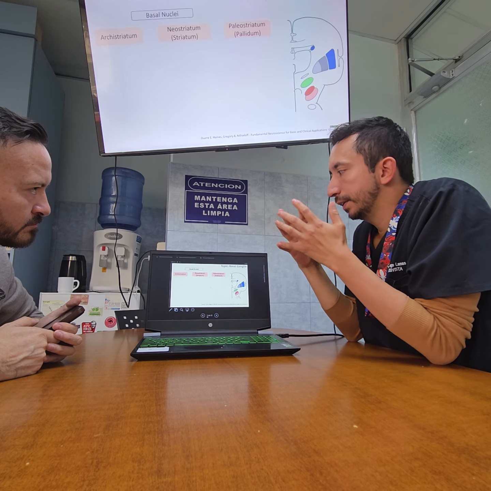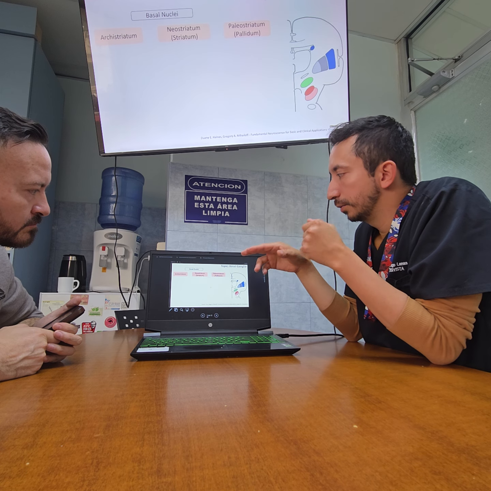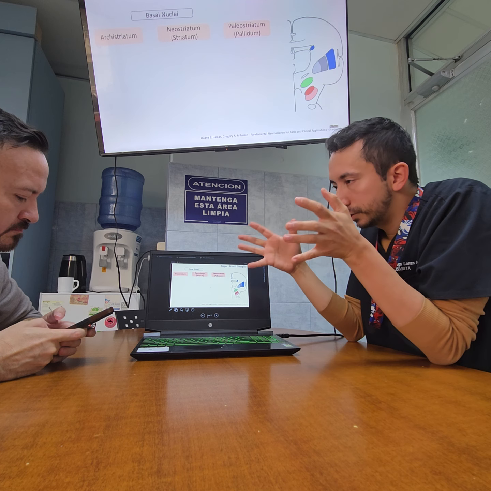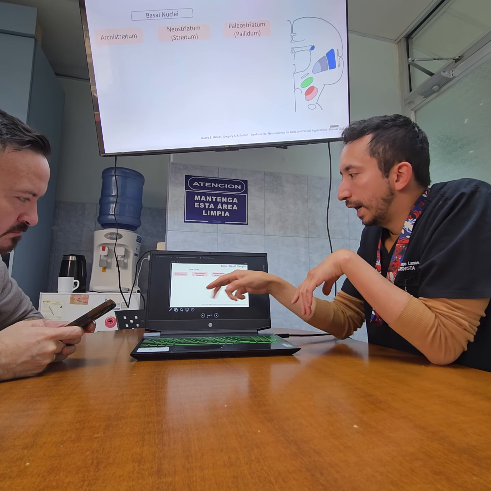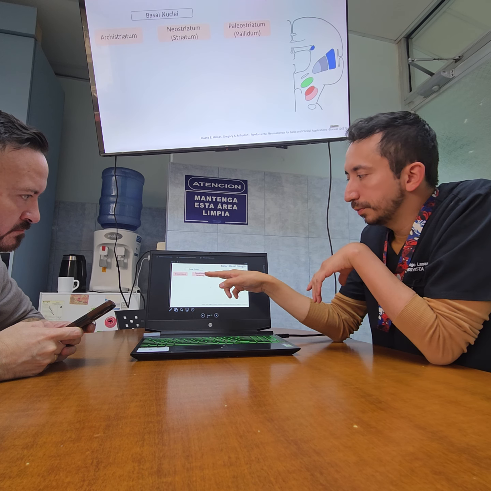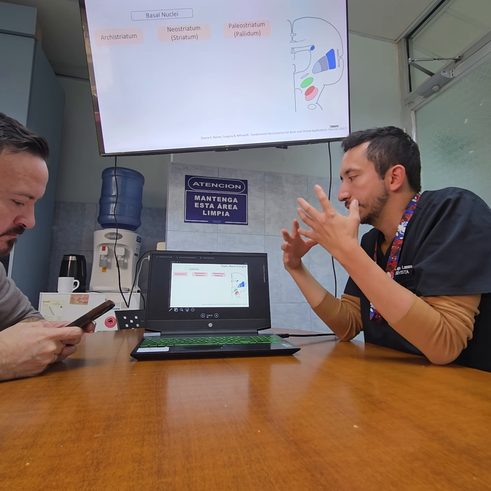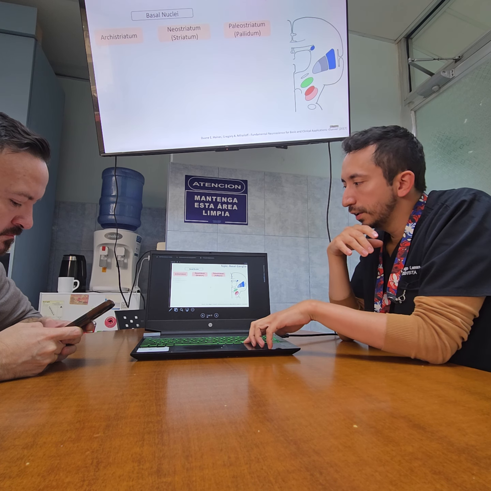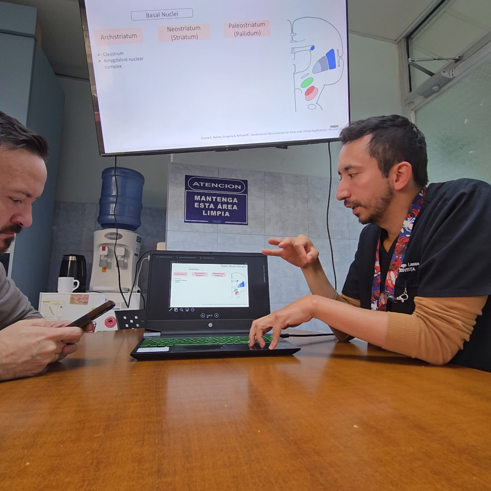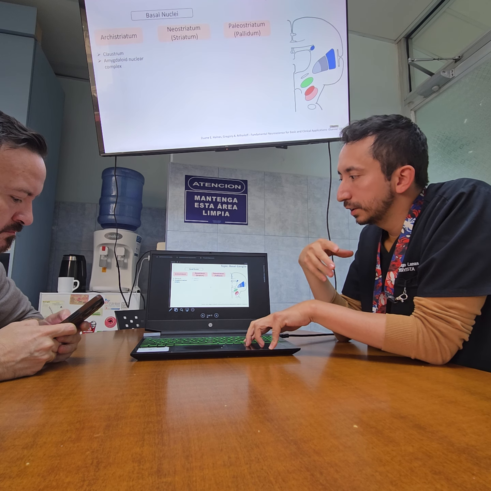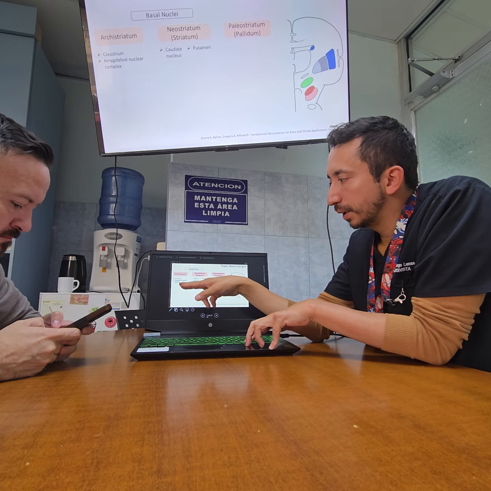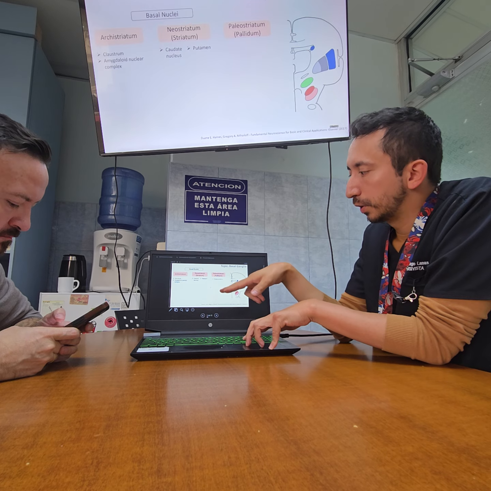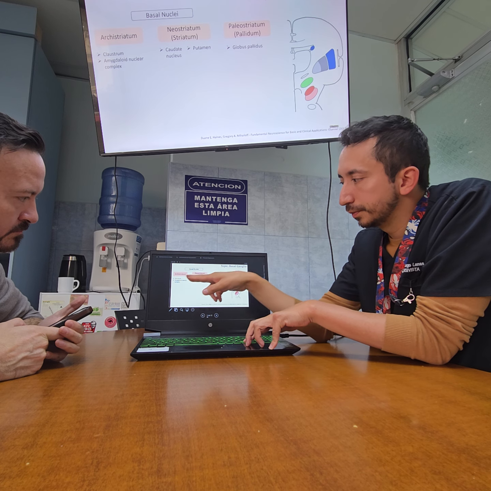Phylogenetically, that is from the oldest to the most recently formed, there are 3 groups: archistriatum, neostriatum, and paleostriatum. Functionally, we can see 3 groups: claustrum, amygdaloid nuclei, caudate nucleus, and putamen, and globus pallidus.